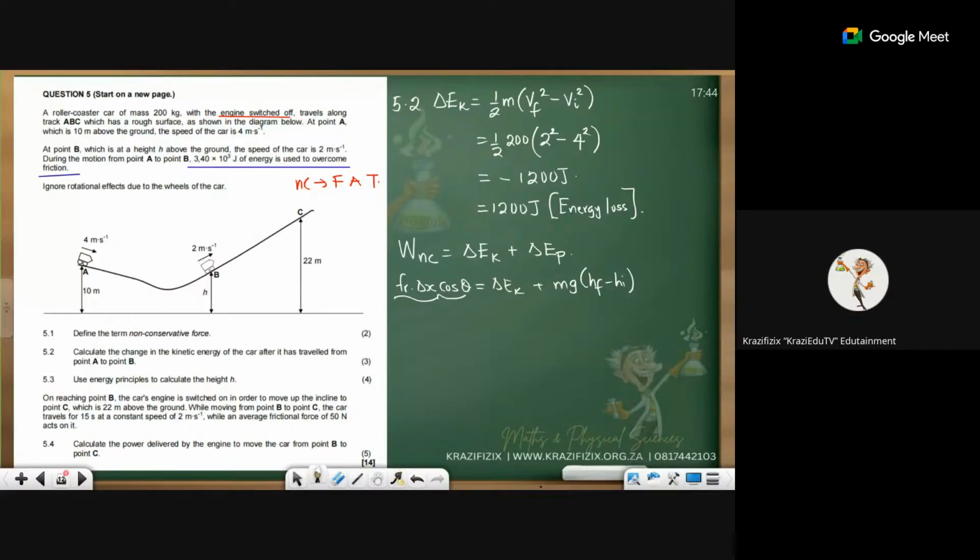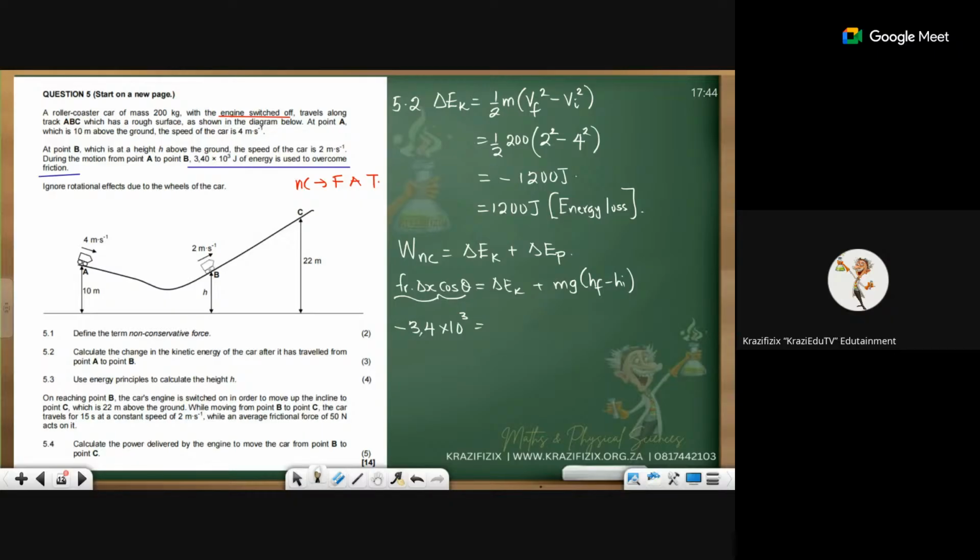They will not tell you it's negative. Yes, that's the cos 180. So this is negative 3,4. Please take note. They will not tell you that it's negative. Why is it negative? Friction removes energy from a system. And when the energy slows down, it means we have negative.